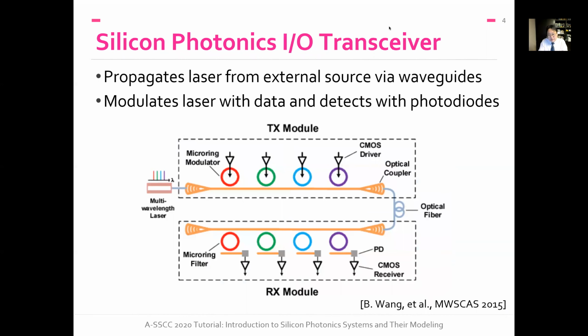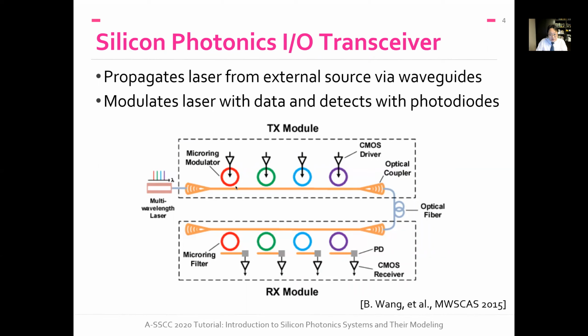This slide shows a typical configuration of a silicon photonics I/O transceiver. First, you have a laser source that could be either external or within the same system, and it generates a laser that propagates through a waveguide.